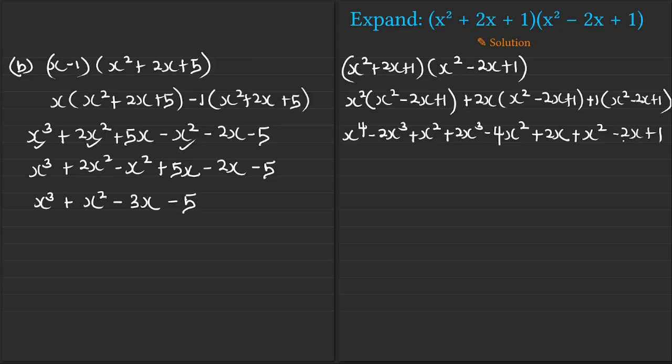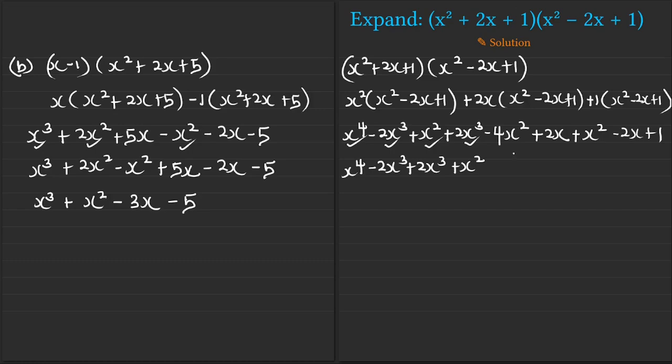After this, we then group like terms and simplify. So we have x to the power 4. Then let's look at those with cubes. This has been written. For those with cubes, we have negative 2x cubed written. Then positive 2x cubed. That is also written. Then let's look at those with squares. Positive x squared.